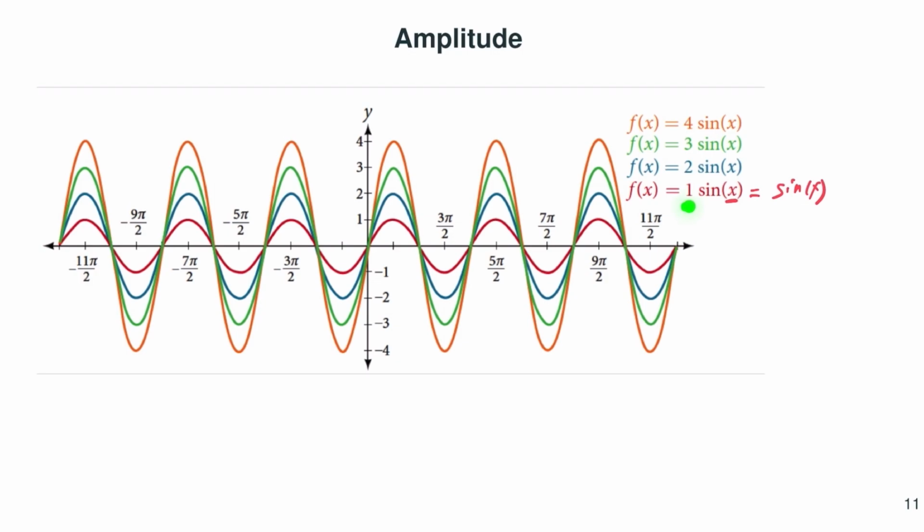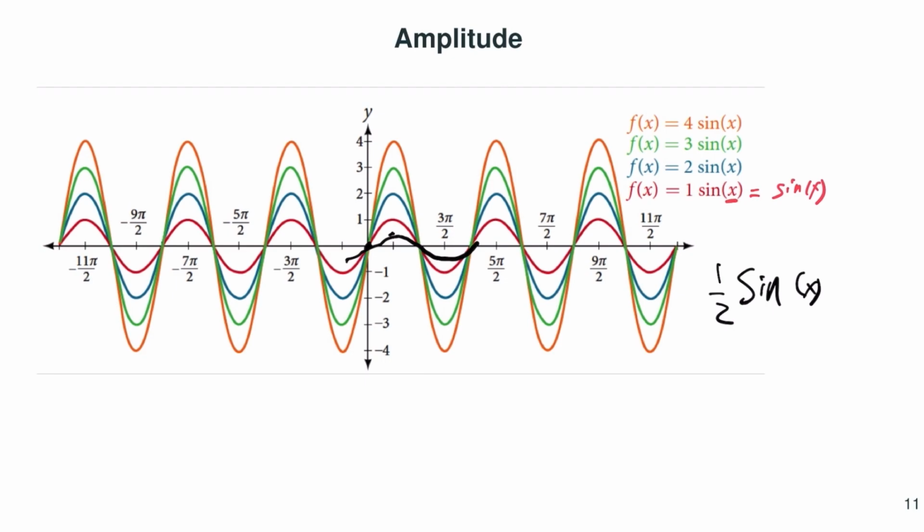So how can we make a shorter amplitude than 1 sine x? You might think a negative number, but if you multiply by a negative number, it flips the graph. So if you want it shorter, we need half sine x, for example. Then the amplitude will be half. The graph will look something like this.